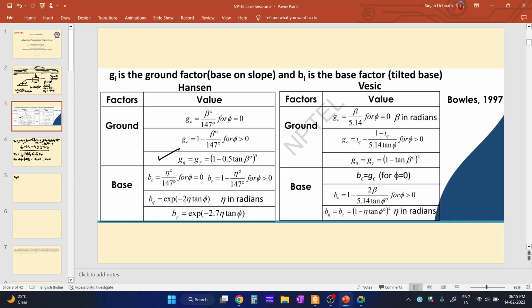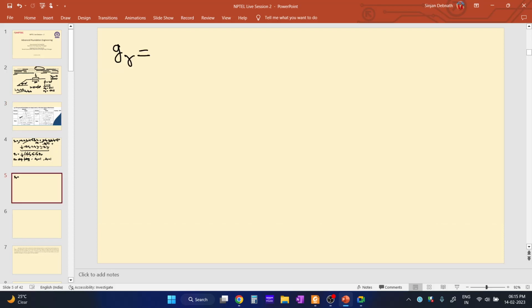This factor we need to use. Okay. So G gamma is equal to (1 minus 0.5 tan of beta degree) to the power 5.